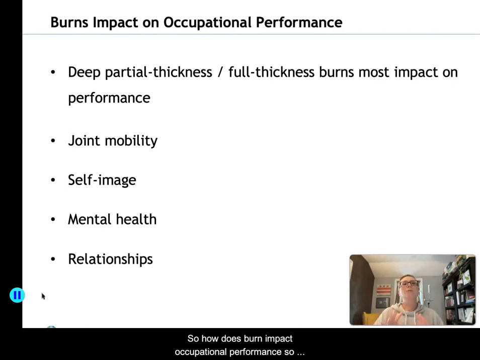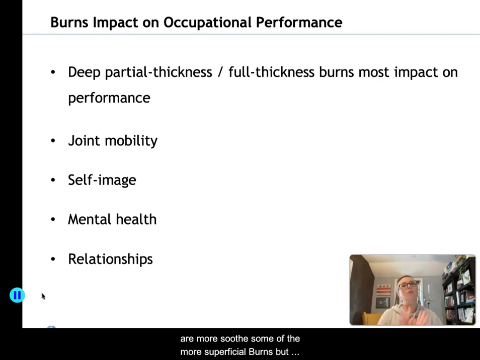So how do burns impact occupational performance? Big picture, we all have sustained some level of a burn, whether it's touching a hot stove or a hot pan, a hot iron, hot water hitting our hands, hot oil while we're cooking, or a sunburn.